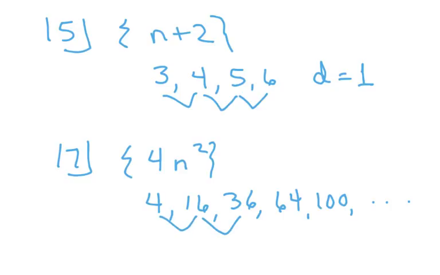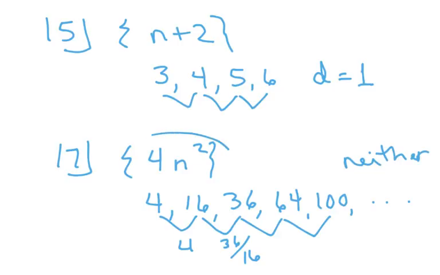There's not a common difference, but neither is there a common ratio. The ratio here would be 4, and the ratio here is just 36 over 16, which is clearly not 4. So this one is neither. So when it looks like a quadratic like that, it's neither. When it looks linear, there's a common difference.